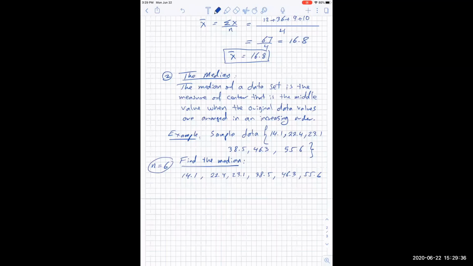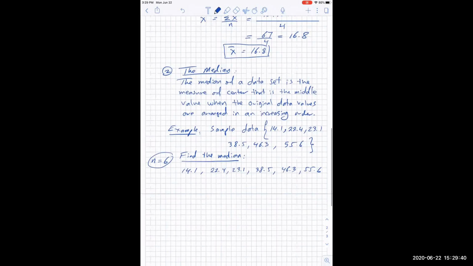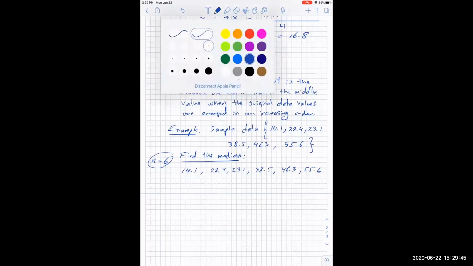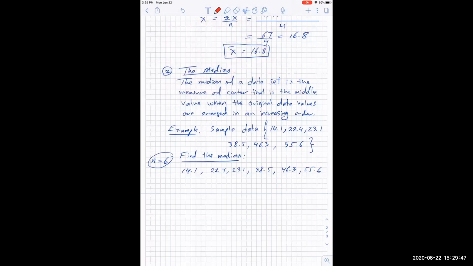Because I have an even number of data values, I have 2 numbers in the middle. These 2 here: 23.1 and 38.5. These are the numbers exactly in the center.